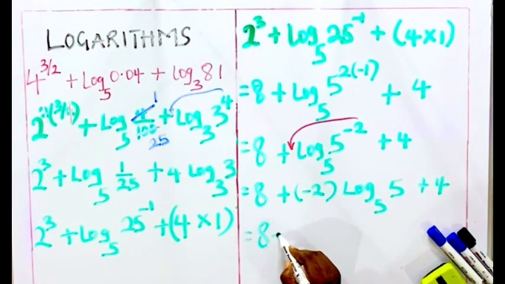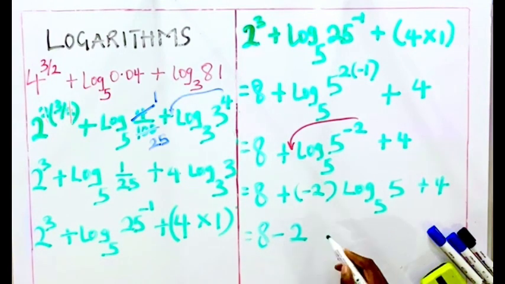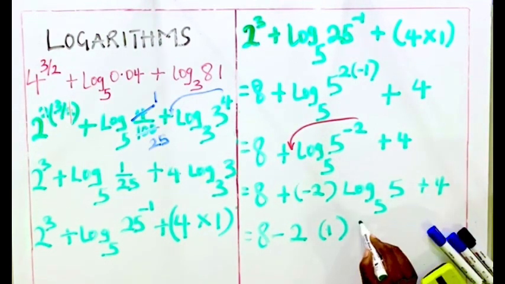Plus times minus is minus 2. Log 5 to base 5 is 1, and you have plus 4.